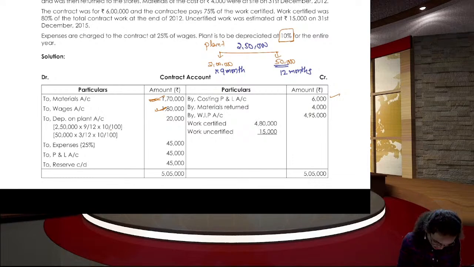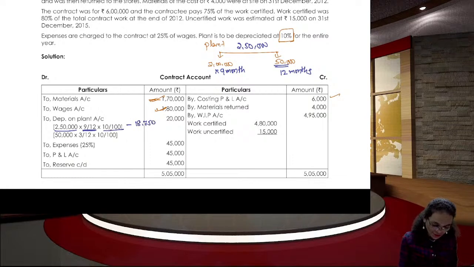So 2,50,000 into 10% for 9 months. So 2,50,000 into 9 divided by 12 into 10% is 18,750.